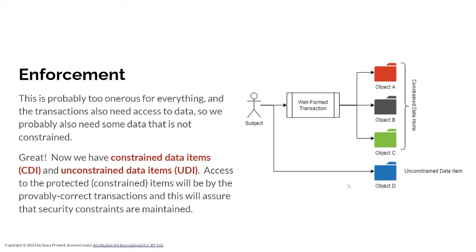So we also need to have unconstrained data items in addition to our constrained data items. Constrained data items can only be accessed by these transaction procedures, but unconstrained data items can be accessed directly. Great. So access to the constrained data items is through the transaction procedures, and they've been proven to show that they maintain all the security properties.